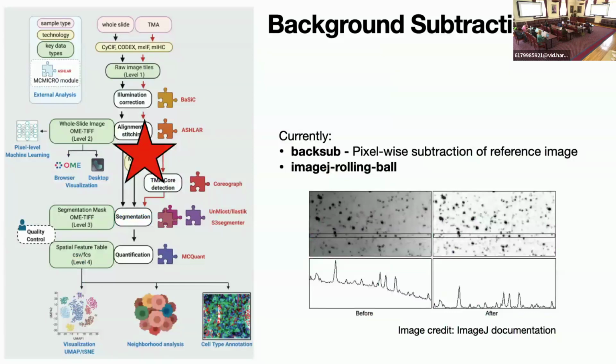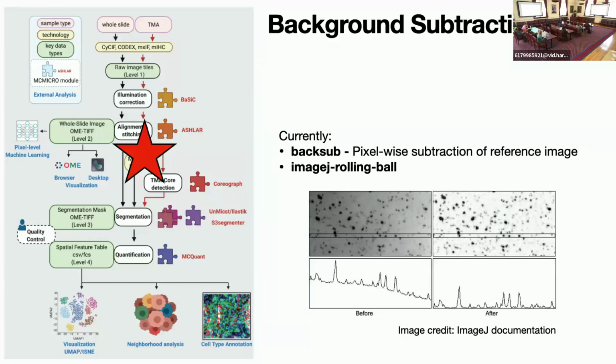Next, and I apologize, I didn't get a chance to add this to the figure, but background subtraction is something we've added recently by popular demand. Previously, we've tried to handle the illumination correction well enough that background is pretty even across the entire image, and subtracting a fixed value solves it. But in some cases, people have found that they do need some more advanced background subtraction.